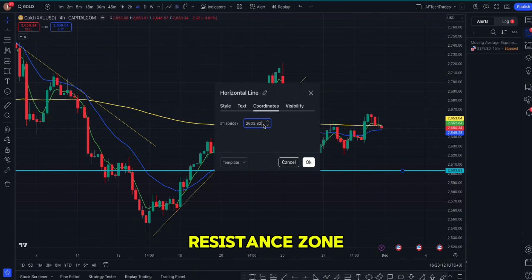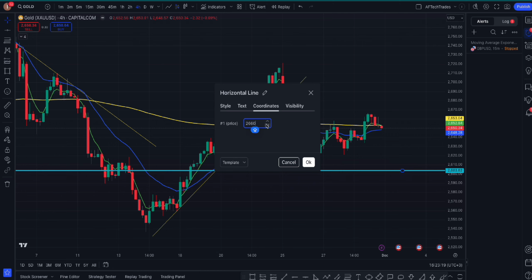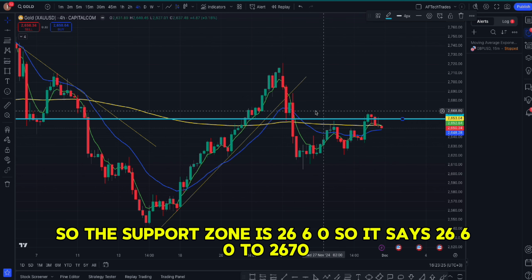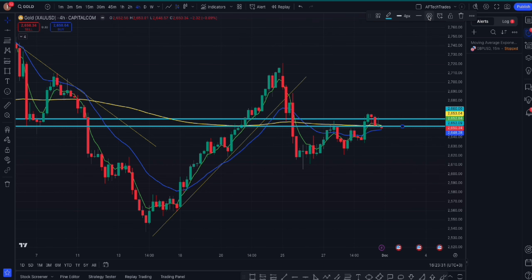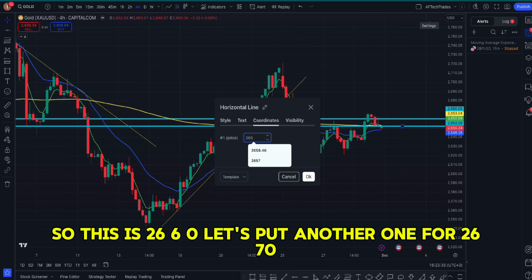So the support zone is 2660 to 2670, right? So we'll put this at 2660. Let's put another one for 2670. Go to settings also and put 2670.